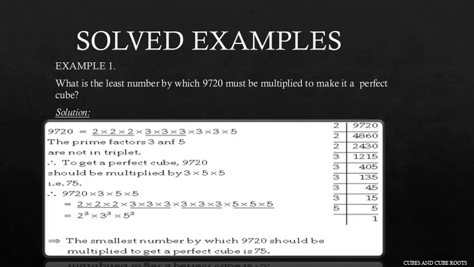Whichever factors are not in triplet, you multiply with the required number so that they will also be in triplet. And in this case, 9720 must be multiplied by 75 to get a perfect cube.